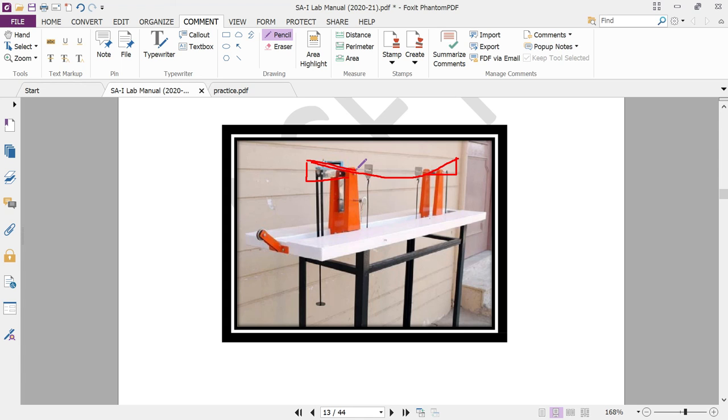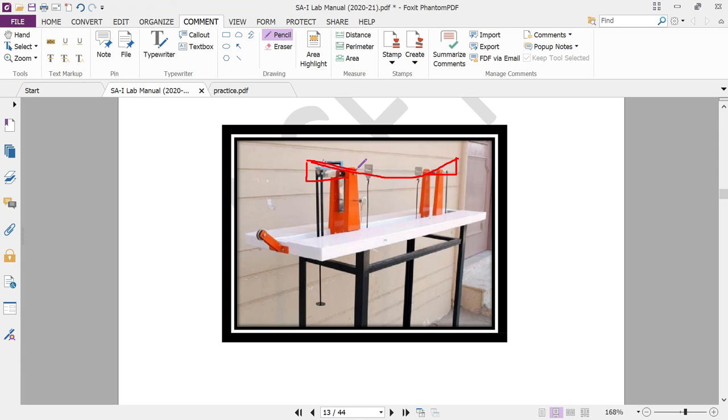This slope deflection equation we will form in theory, and that equation will be used to analyze an indeterminate structure, to get the unknowns in the form of slopes and deflections. So this was today's experiment.